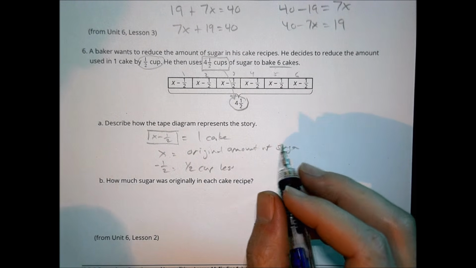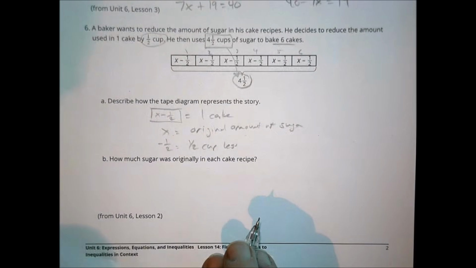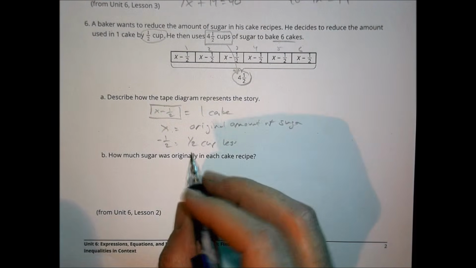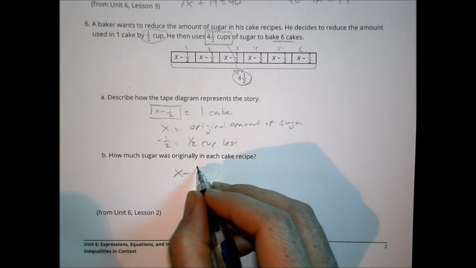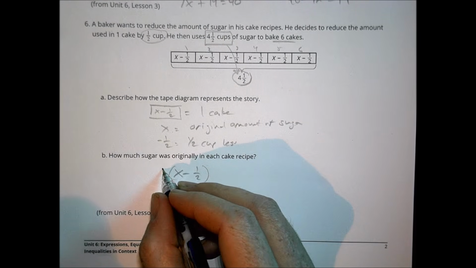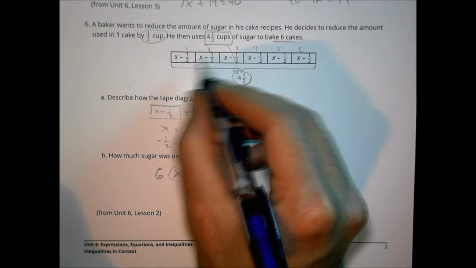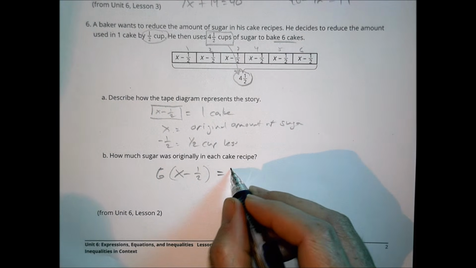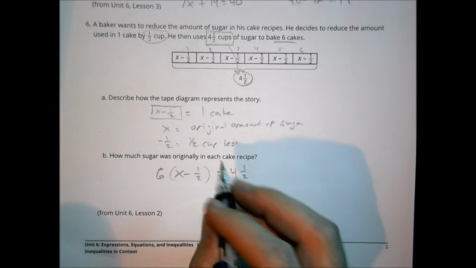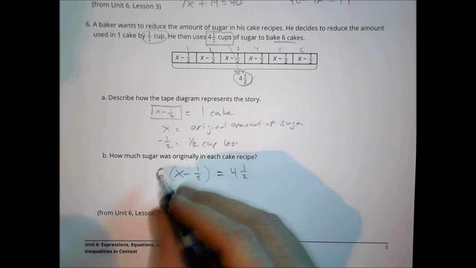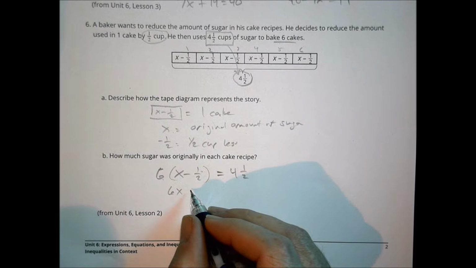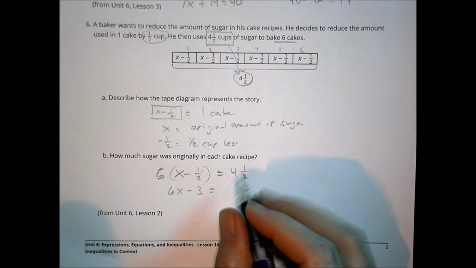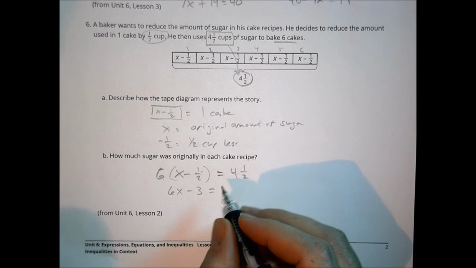All right, and that's what we have so far. So how much sugar was in the cake recipe originally? Well, what we'll do is we'll say that we have x minus 1/2, and we have 6 of those. 1, 2, 3, 4, 5, 6 is equal to 4 1/2. So to solve that out, I can distribute if we choose to. We'd have 6x. 6 times -1/2 is -3, and that equals 4 1/2.